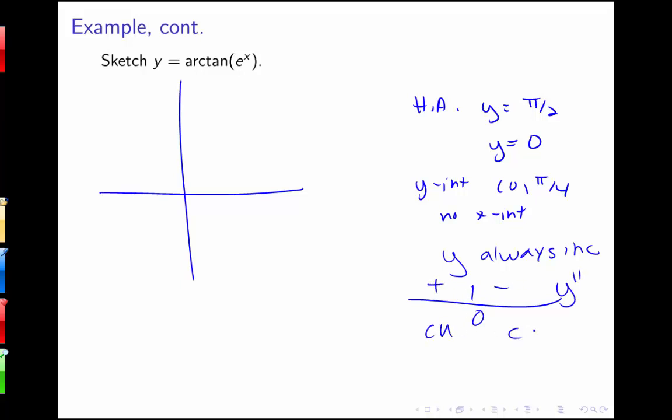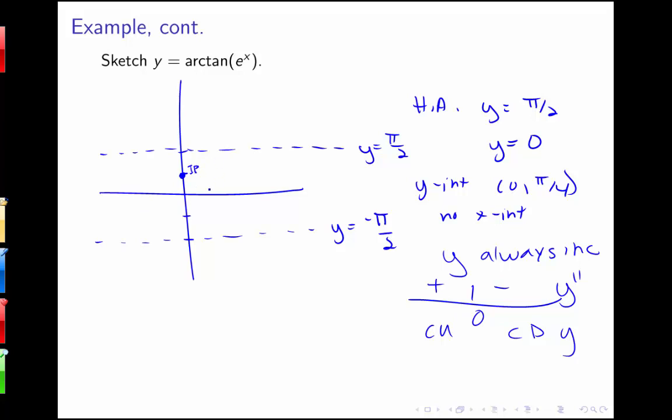And we know that y is going to change from being concave up to being concave down on either side of 0. Okay, so first thing to do would be to plot those horizontal asymptotes. So I have y equals pi halves and y equals negative pi halves. And I can also plot this y-intercept of 0 pi fourths. And I know I'm going to be concave up until I get to this y-intercept, which is also my inflection point.